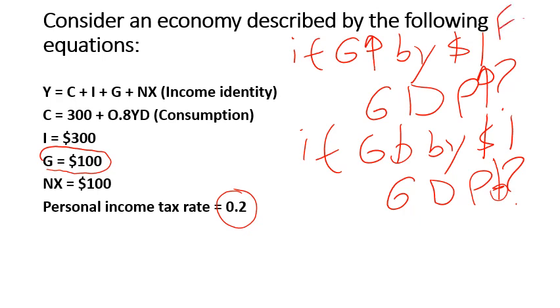That's false, as John Maynard Keynes showed. It is also false to say that if government spending goes down by $1, GDP will go down by $1. False. All right.